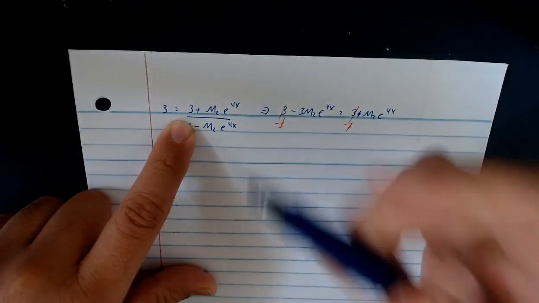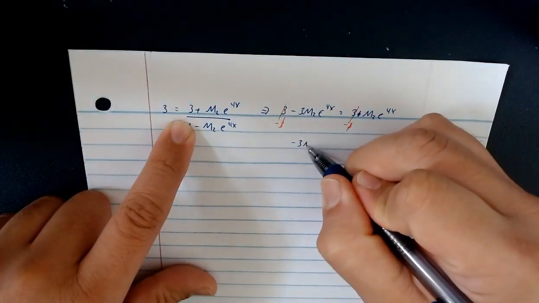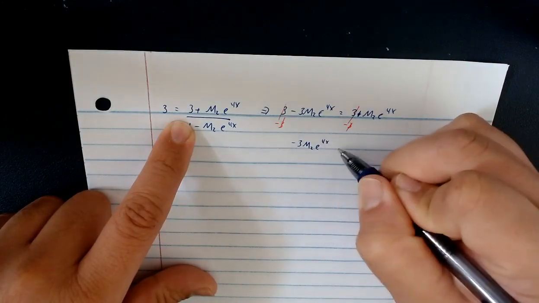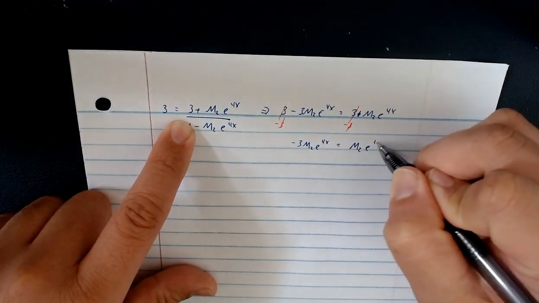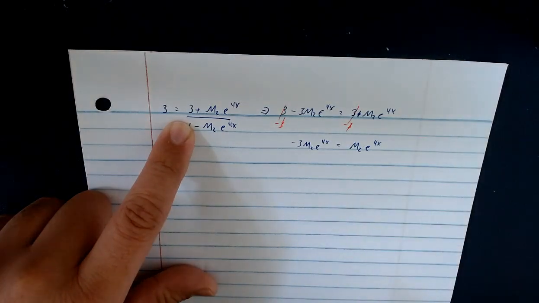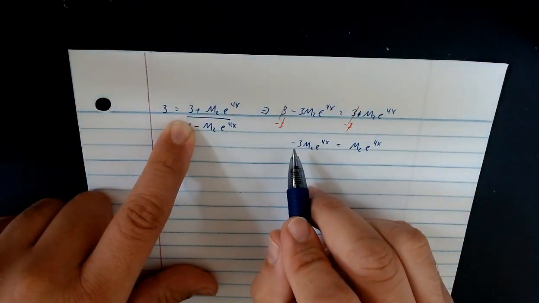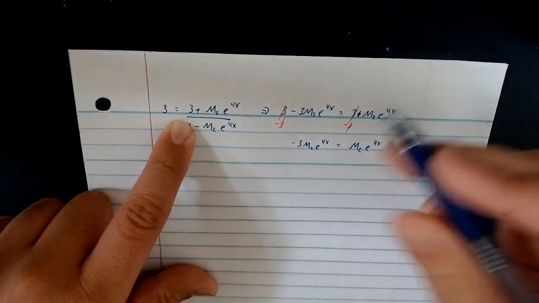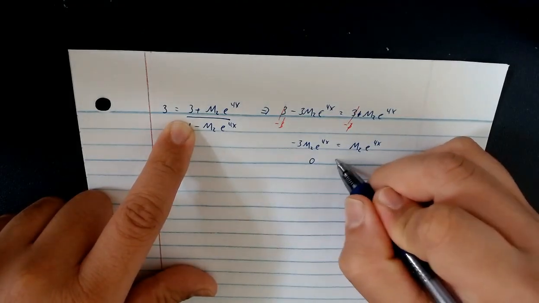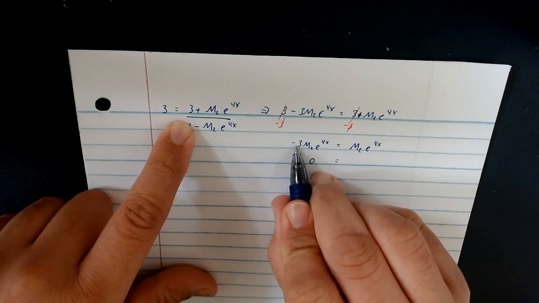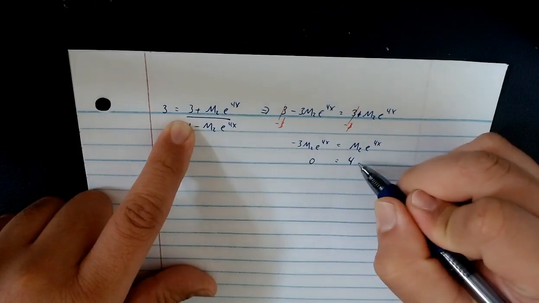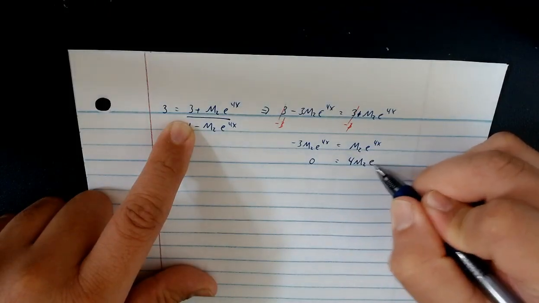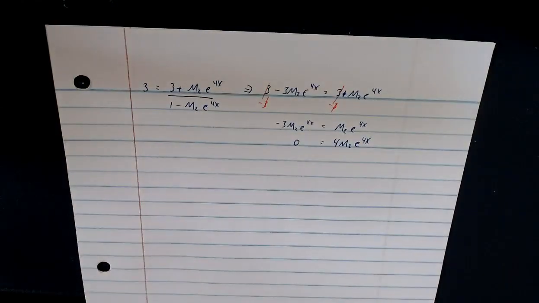This will give me negative 3 m2 e to the 4x equals m2 e to the 4x. Finally, we can add this over this way, and this gives me 0 equals 4 m2 e to the 4x. I've got 1 m2 e to the 4x, and I'm adding another 3 m2 e to the 4x, which gives me 4 m2 e to the 4x, just like that.